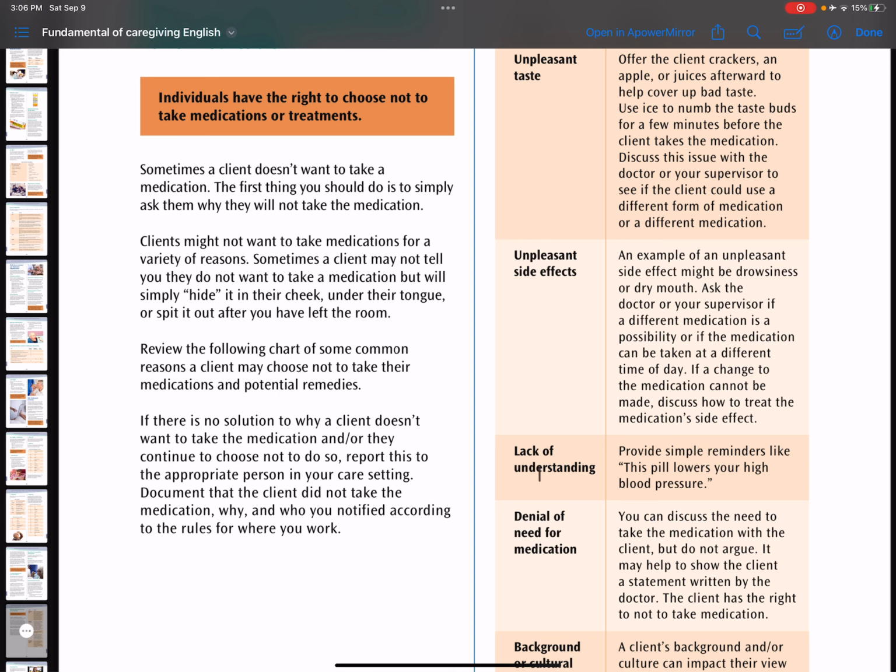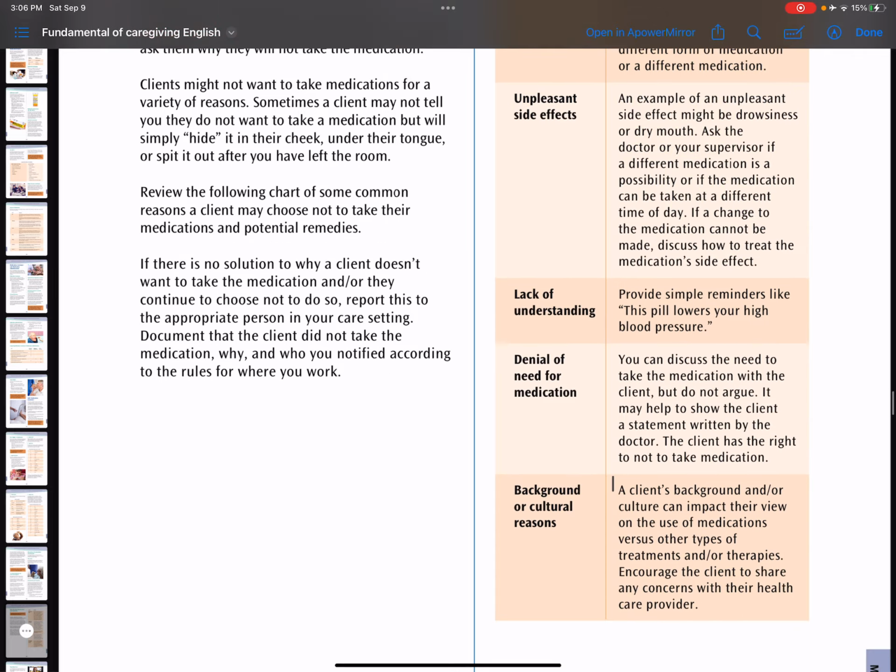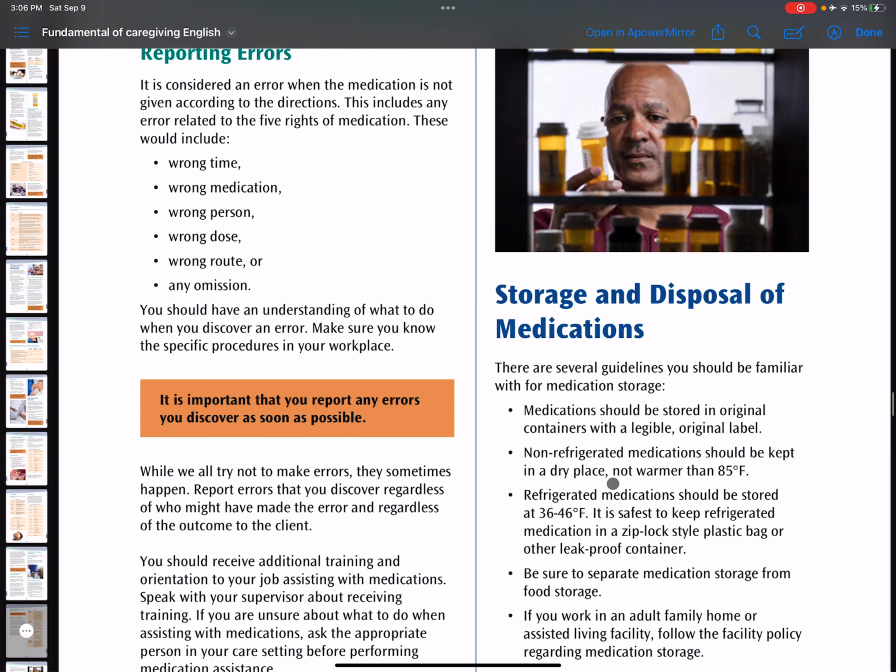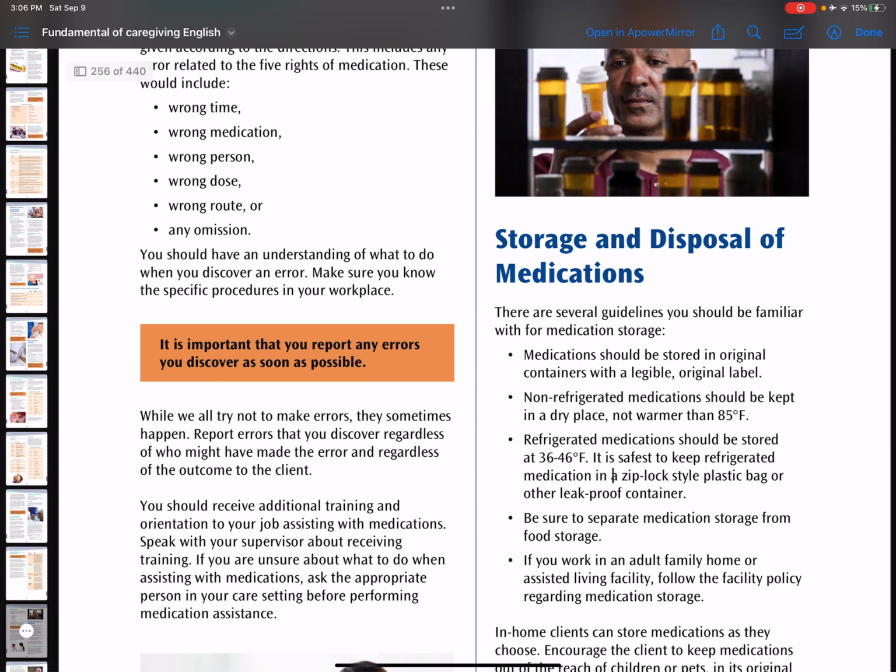Okay, now let's talk about storage and disposal of medication. How do we store a medication? Medication should be stored in the original container with a legible original label. Non-refrigerated medication should be kept dry, no warmer than 85 degrees Fahrenheit. If it is refrigerated, it should be stored between 36 to 46 degrees Fahrenheit.